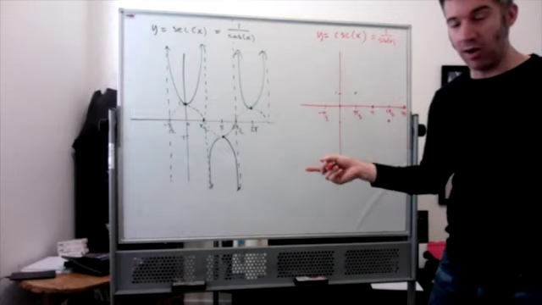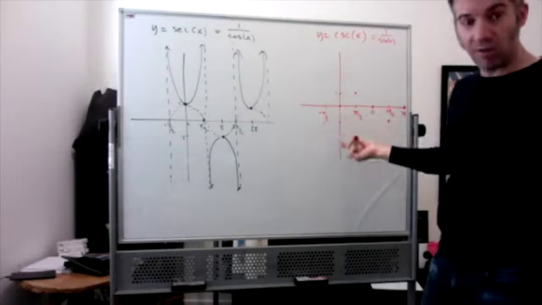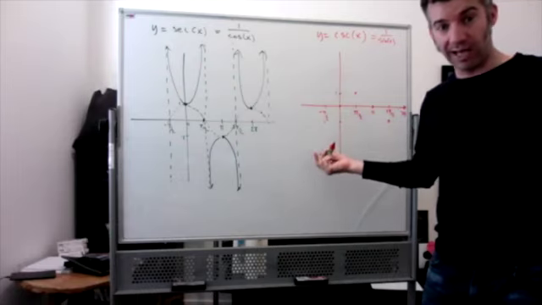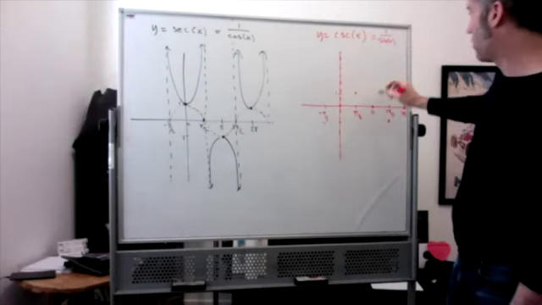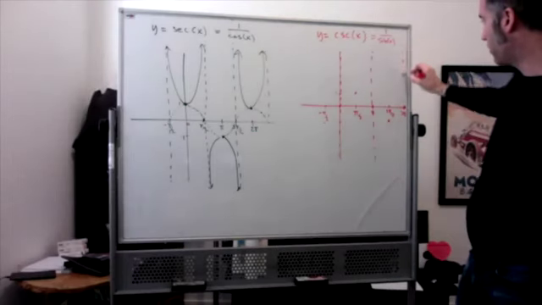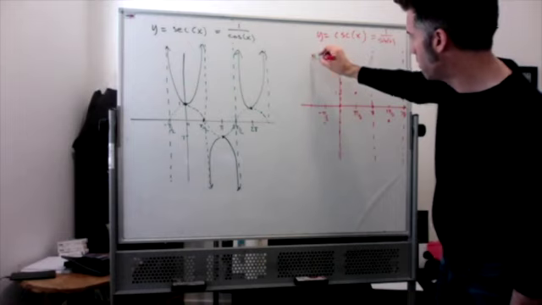And then I'm going to say, well, I know that wherever the sine values are 0, the cosecant values have vertical asymptotes. So vertical asymptote here, vertical asymptote at pi, vertical asymptote at 2 pi. And also negative pi over here, let's say.